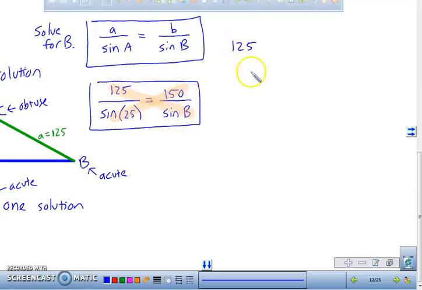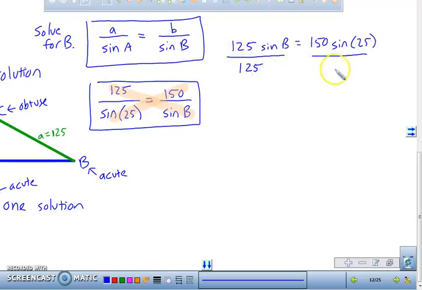125 times the sine of capital B equals 150 times the sine of 25. To solve for B, I have to divide both sides by 125.